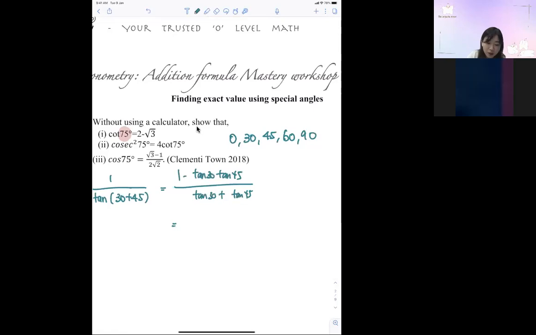Okay, then can you help me? Do you know what is tangent 30, tangent 45? You know the worksheet that we used last lesson, the Trigo worksheet? Can you take out the first page that has all your special angles?